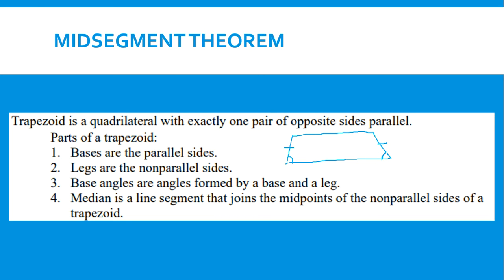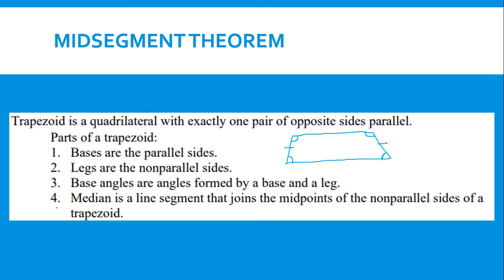Specifically, these are what we call base angles. Base angles are angles formed by a base and a leg. This one is also a base angle. So we have the upper base angles and the lower base angles.